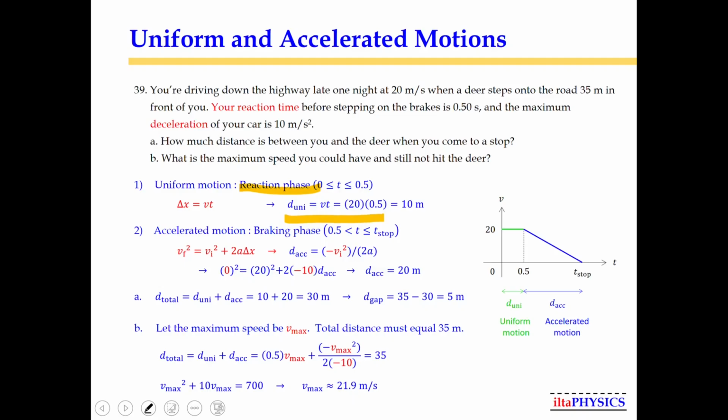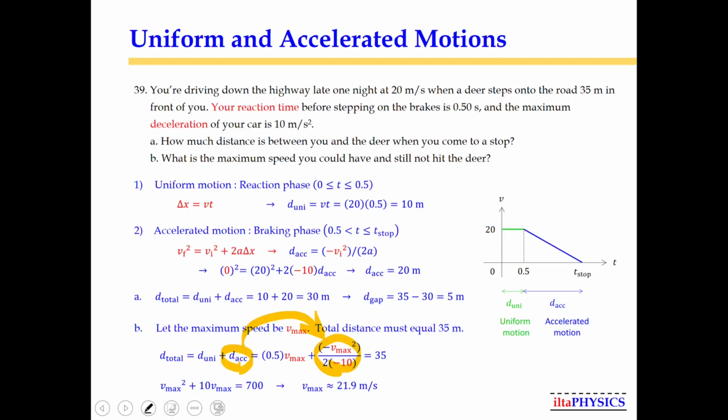In the braking phase, since the final velocity is 0, the displacement is the minus initial velocity squared divided by 2 times the acceleration. I encourage you to try setting up this relationship between displacement and initial velocity yourself, paying close attention to the signs.